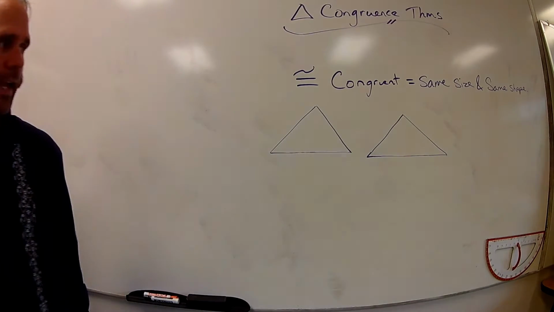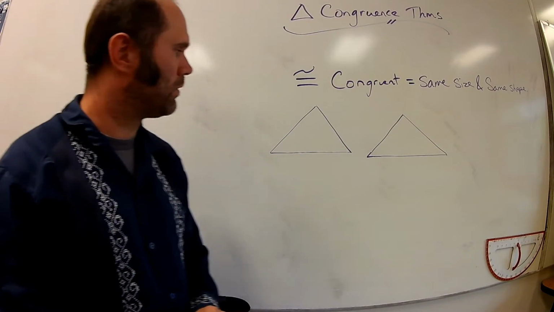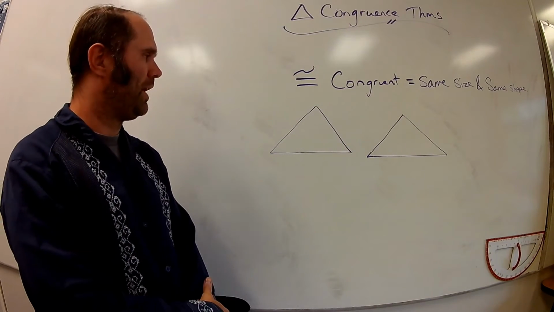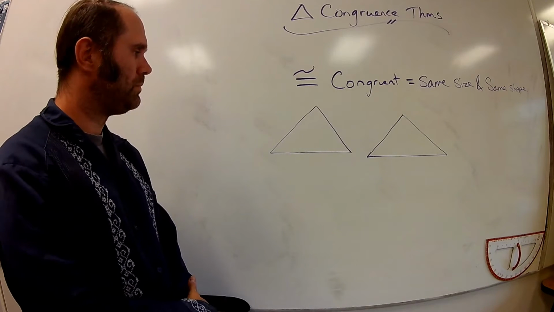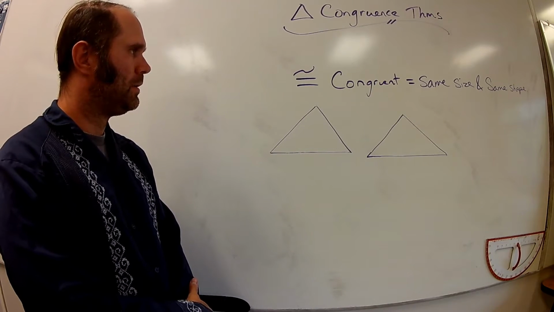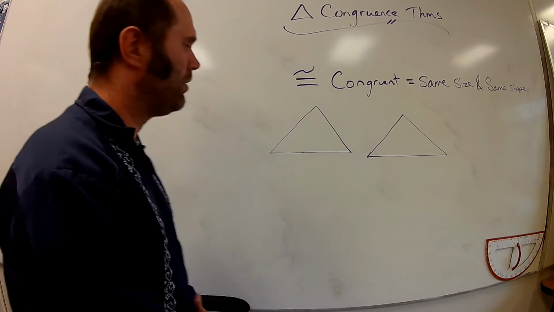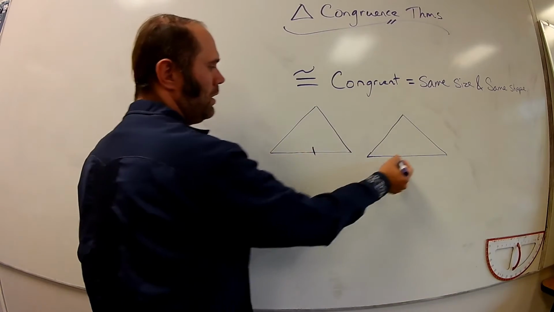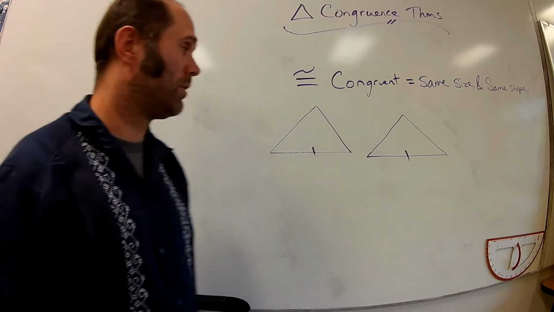Now at first glance, these two triangles look like they might be congruent. They might be the same size and the same shape. We're not sure. We could tell if we knew some information. If I knew that those two sides were the same length, that's a start.